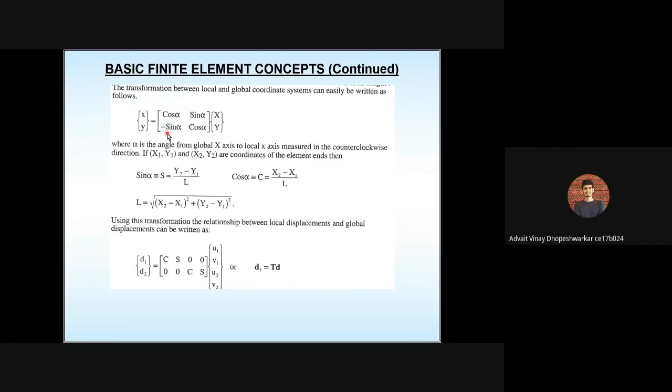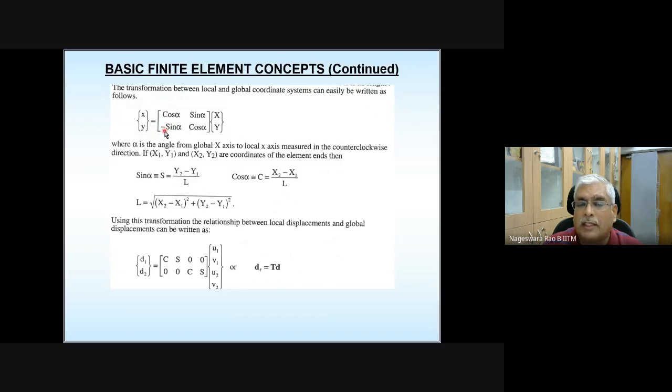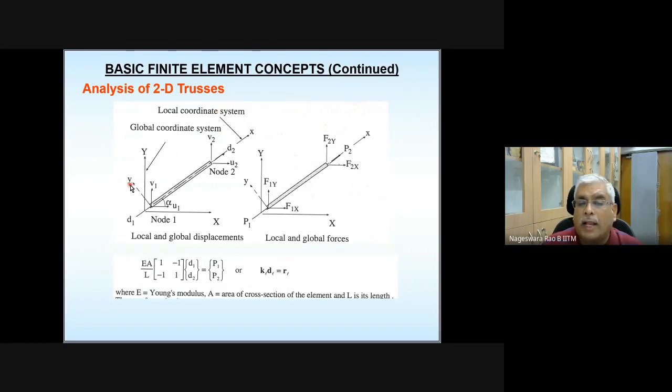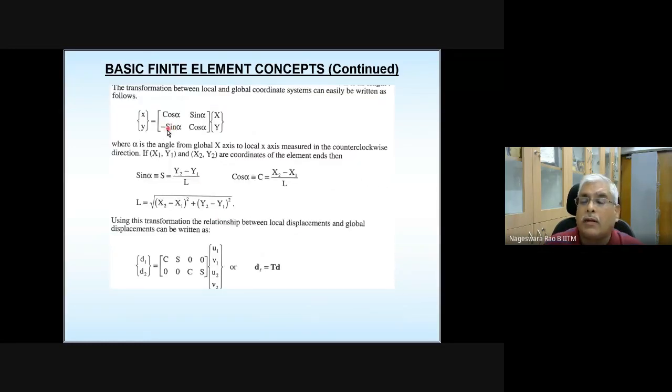But sorry, this is the local y-axis and global x-axis. So this location is the cosine of the angle between the local y-axis and global x-axis. What is that angle? It's going to be 90 plus alpha, and the cosine of 90 plus alpha is minus sine alpha.